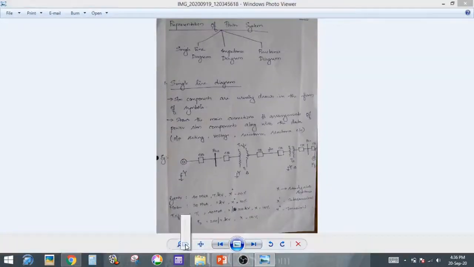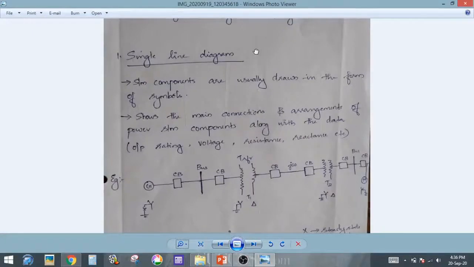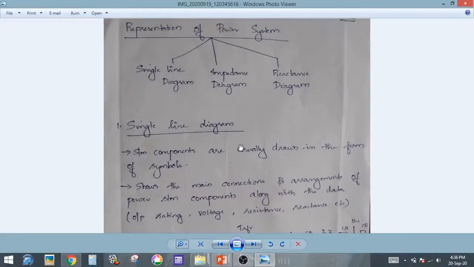Here, how we can represent the power system. Mainly we can represent the power system as three diagrams: impedance diagram, reactance diagram, single line diagram.